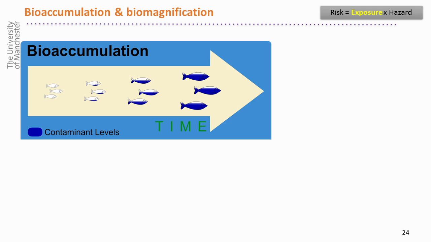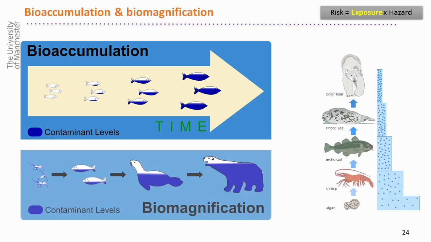So there are two main things that are quite relevant here. Bioaccumulation is where there is chronic exposure to a contamination level, and you accumulate it with time. The other one, which is less trivial, is biomagnification, when contaminants go up the food chain.